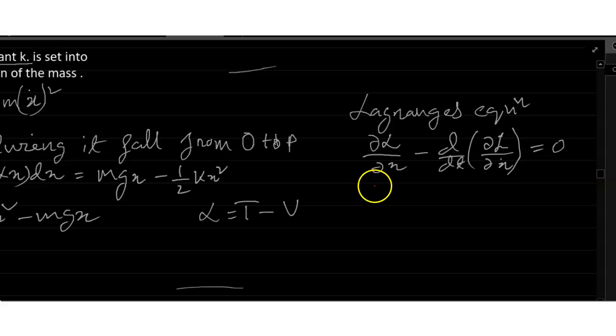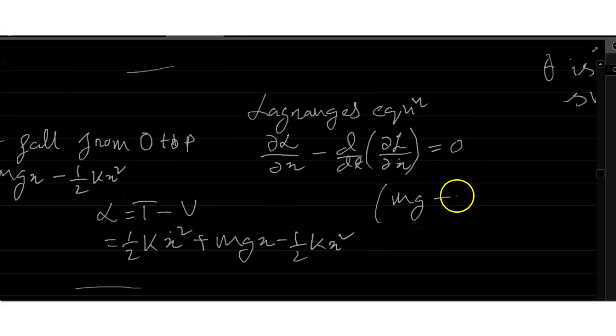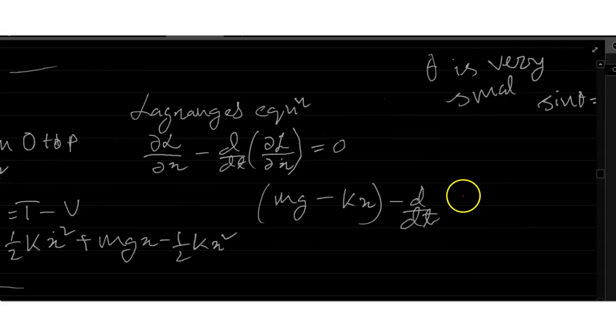So we get del L by del x, whatever we get: half k x dot whole square, mgx minus half mg plus kx, minus d/dt of m x dot, equals 0.